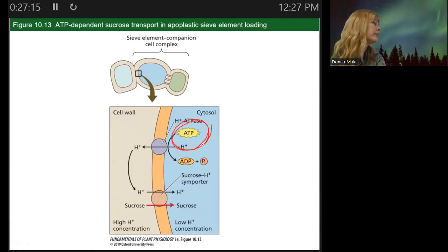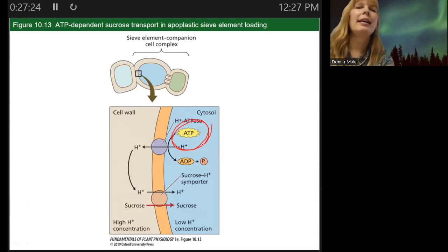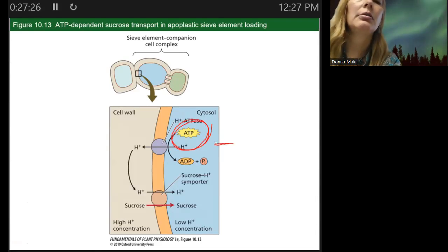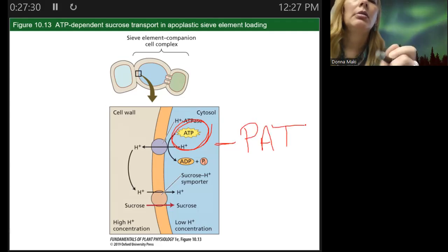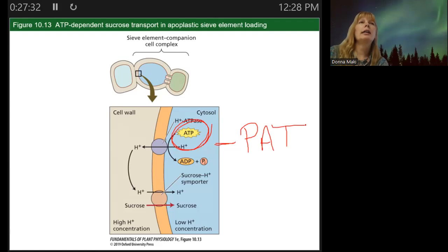So the top half of that image where they show ATP is being used to push protons across the membrane, that is the definition of primary active transport. I'm hoping I'm jogging your memory and you've had this in some other class. This is basic chemistry. So primary active transport, I like to think of it as setting the stage. You're setting the stage for something good to happen.